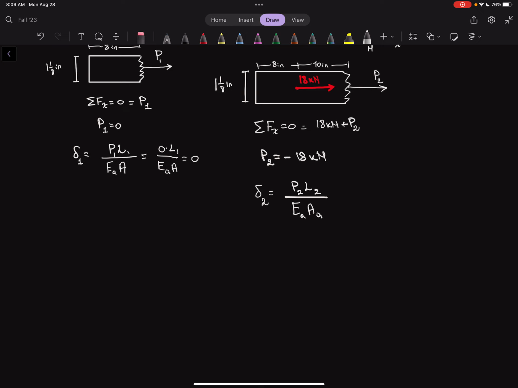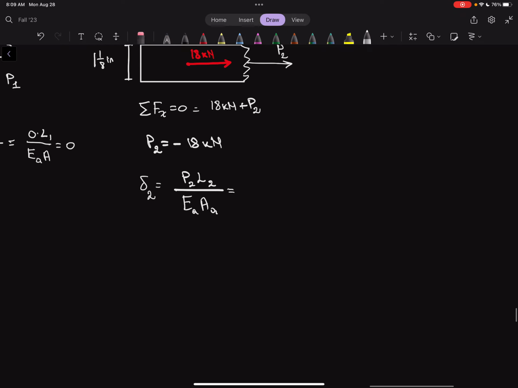So, hold on, I'm getting myself set up, the calculator and everything. So now we have this section 2. We're going to plug in our values. So what is P2? Well, we just found that P2 is equal to negative 18 kilo, I don't know why I wrote kilonewtons, it is actually kilopounds.